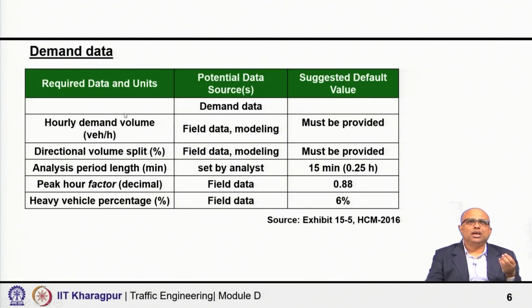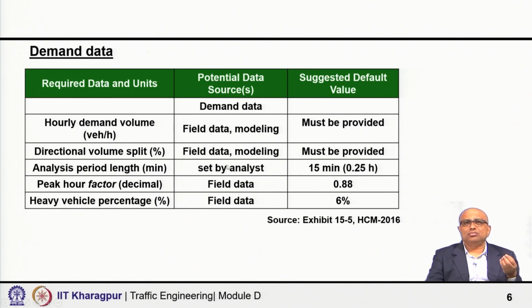Going to the demand data, you need the hourly demand volume. This must be obtained from field data, from modeling, or from projection or future forecast, and this must be provided. Directional volume split again may be assumed, may come from a model, or may be observed from the field.